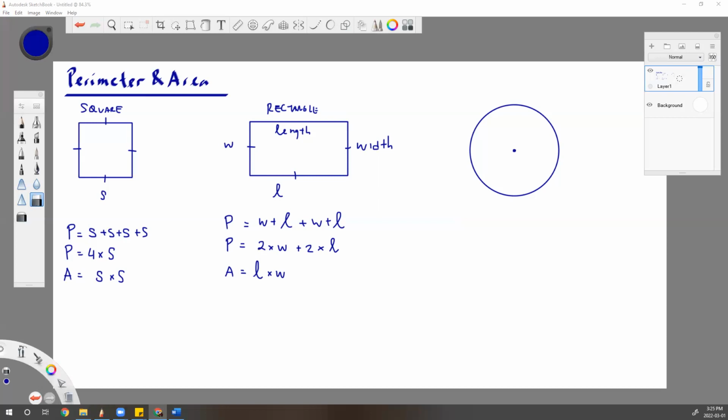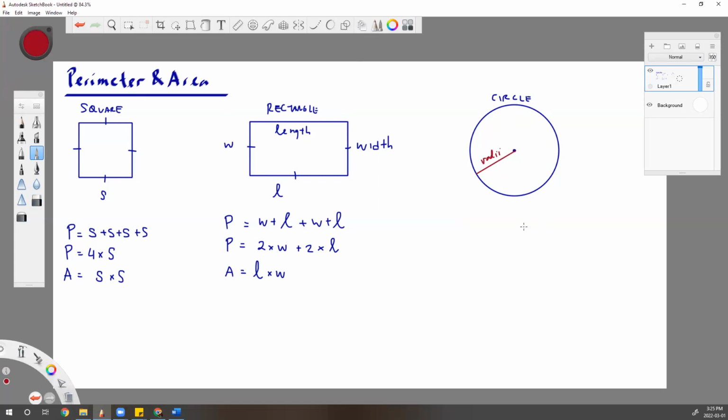Now we do the circle. Okay, circle. In a circle, we have to understand the properties of a circle. From the center of the circle to the edges, or to the circumference, this is the circumference. It is called a radii, or radius.